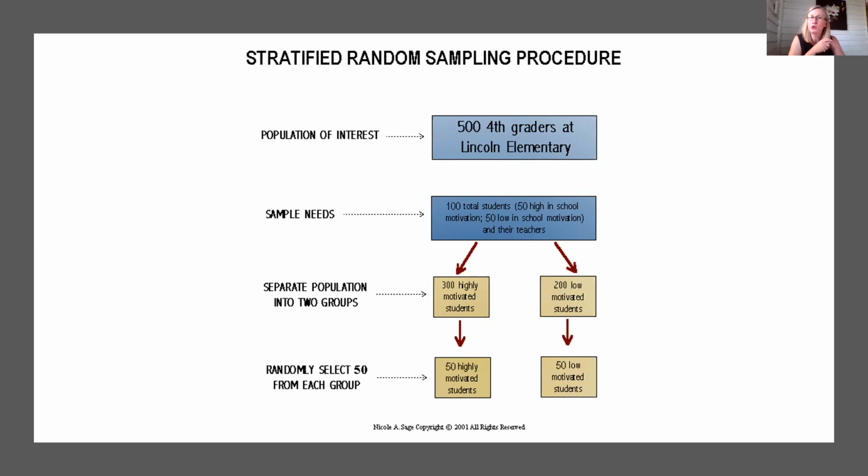So I might take that population of 500 students and break it into those relevant groups or strata. As you can see here, I might find I have 300 highly motivated students and 200 low motivated students. From those groups, I can then randomly sample 50 students from each. So even though one group is smaller than the other, I'm showing equal representation within my sample.